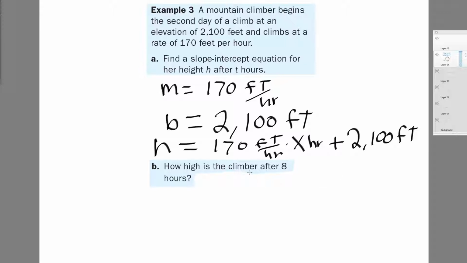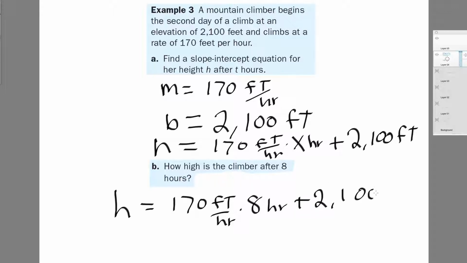So h equals 170 feet per hour times 8 hours plus 2,100 feet. Simple multiplication now, we get 170 times 8, and that gives us that h equals 1,360 feet plus 2,100 feet.